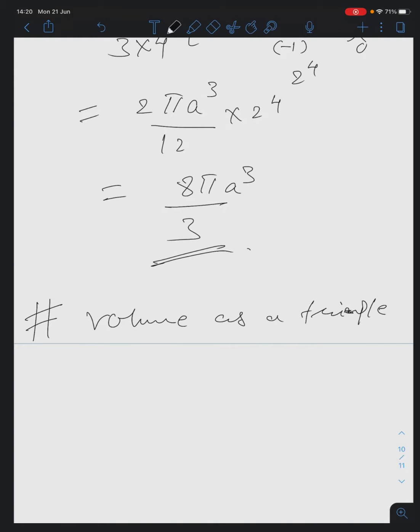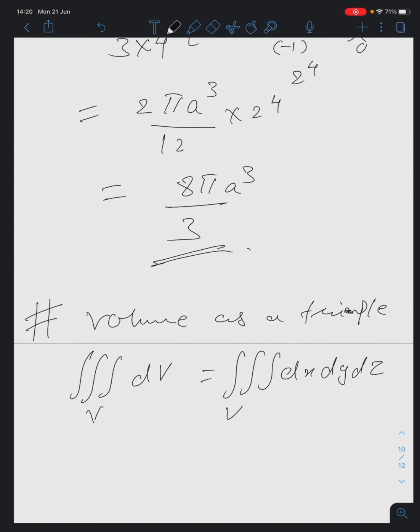Okay, triple integral. So here, you write dx, dy, dz, where the integration is carried over the entire volume. So this gives, without any function, the volume.